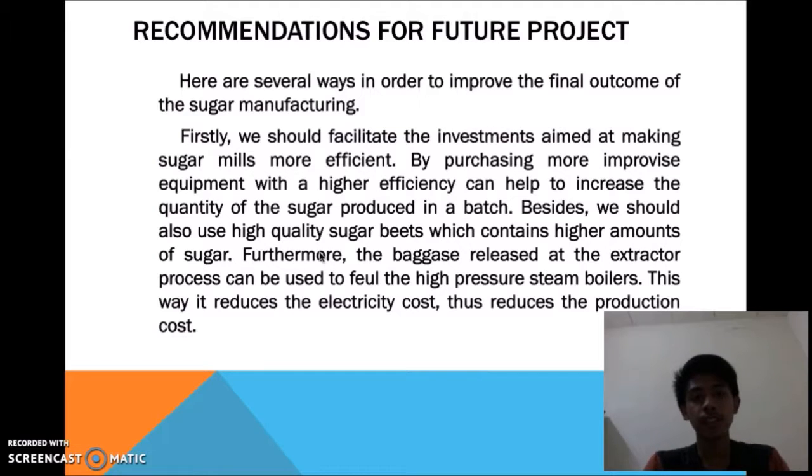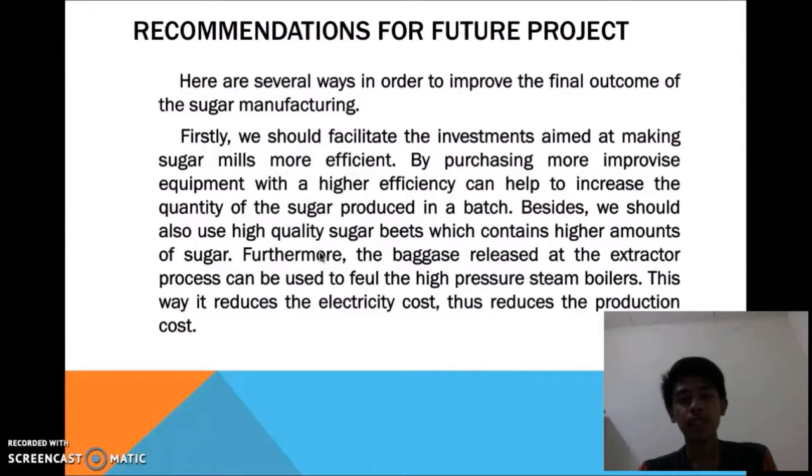These are several ways to improve the final outcome of sugar manufacturing. Firstly, we should facilitate investment aimed at making sugar mills more efficient. By purchasing improved equipment with higher efficiency, it can help to increase the quantity of sugar produced in a batch.